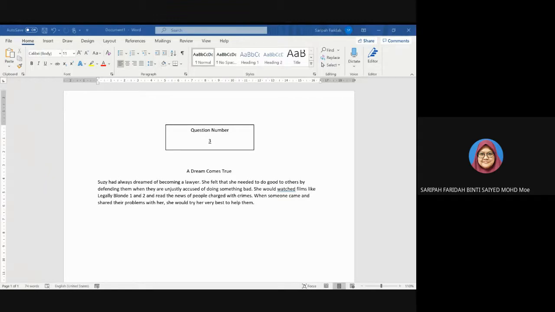She would watch films, dah salah grammar, like Legally Blonde 1 and 2, and read the news of people charged with crimes. When someone came and shared their problems with her, she would try her very best to help them.